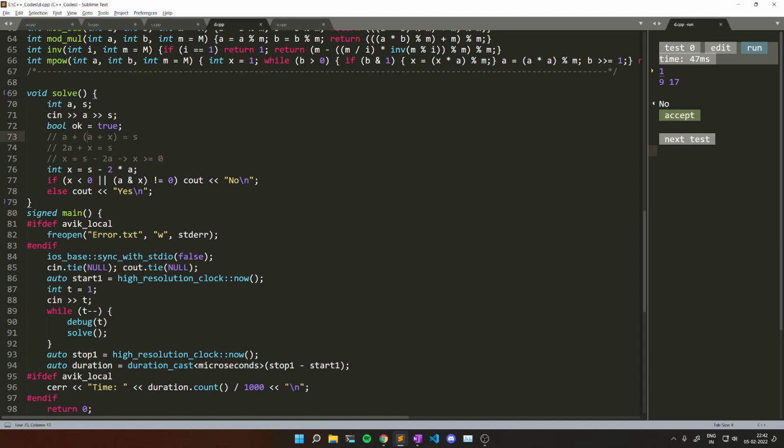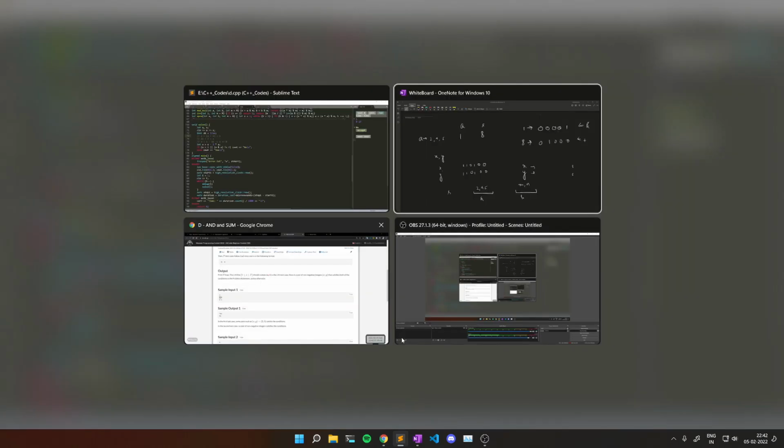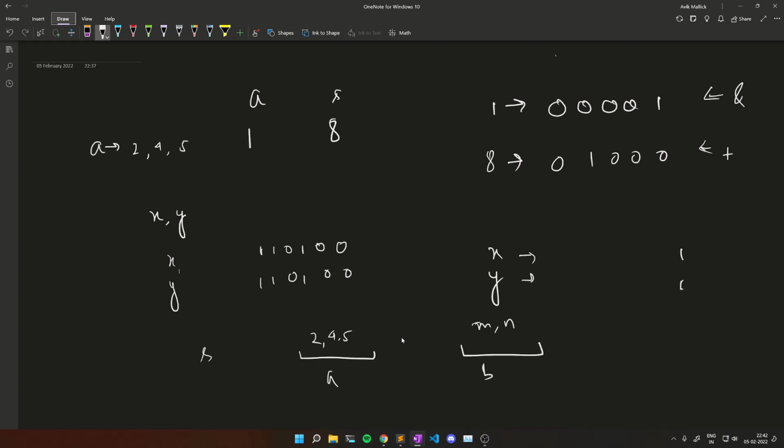So what you have to observe is that we have already gotten the set bits in both the numbers x and y. We know that these bits at least have to be set in both numbers. So our total sum x plus y, what I'm trying to say is x plus y is equal to s, right? This was given.